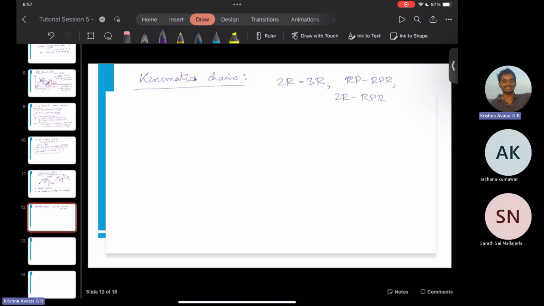Then we talked at length about 2R-RPR. So this closed chain planar robot constitutes two such kinematic chains. One is 2R, and the second kinematic chain is RPR.